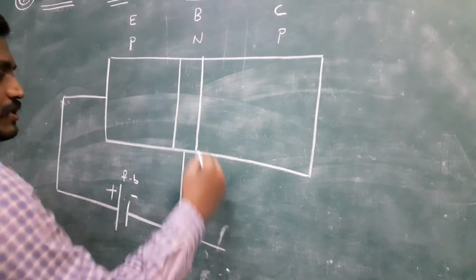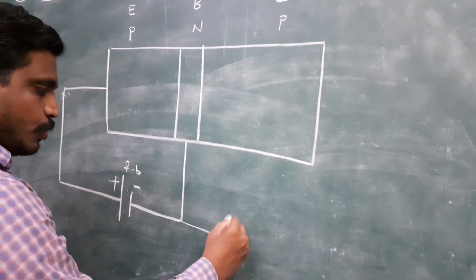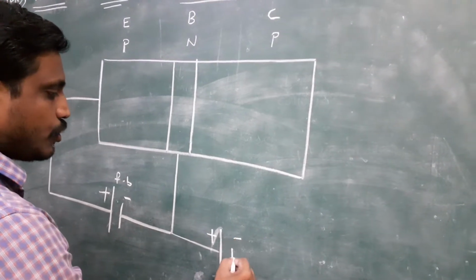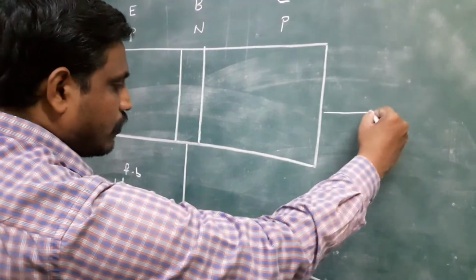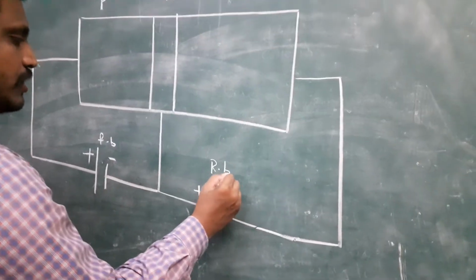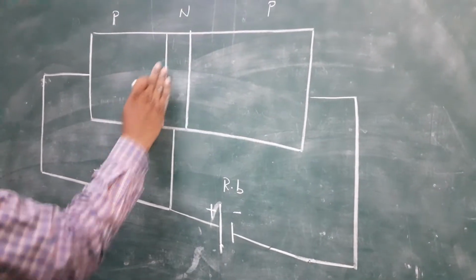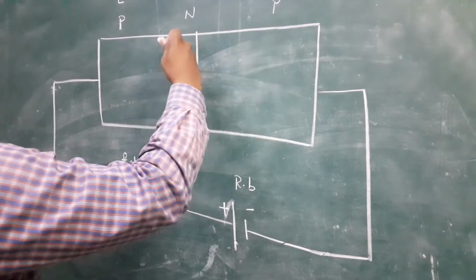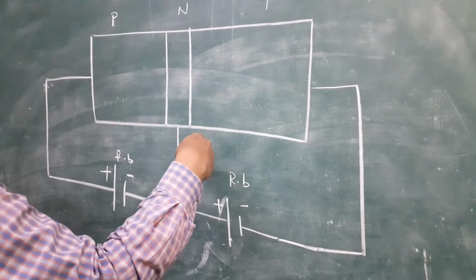Reverse bias means N is connected to high, P is connected to low. This is always connected in reverse bias. Simply, emitter-base is connected in forward bias, base-collector is connected in reverse bias.